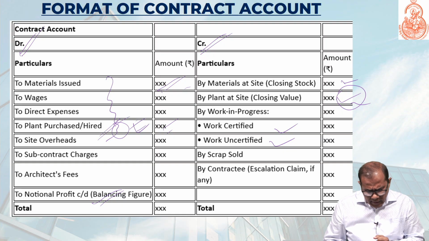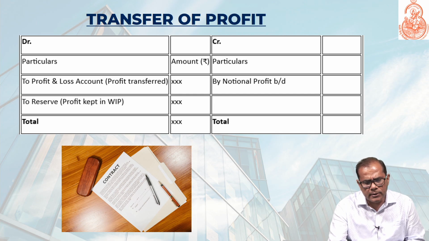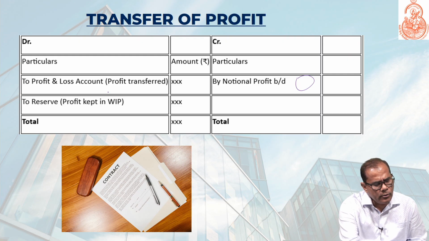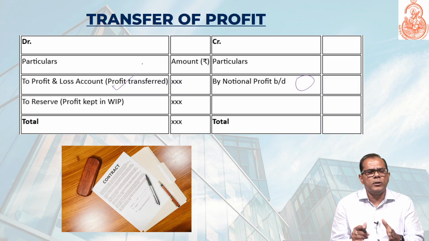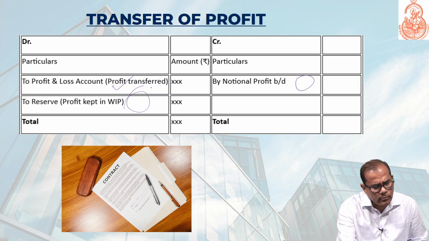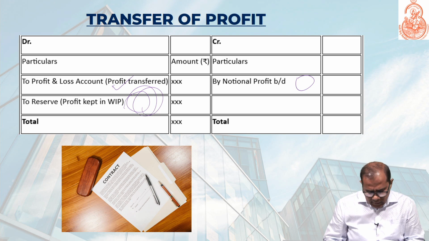Using that, we first transfer the notional profit on the credit side, and then transfer profit to the profit and loss account based on that formula, and the rest will be treated as reserve, that is called WIP, work in progress reserve.